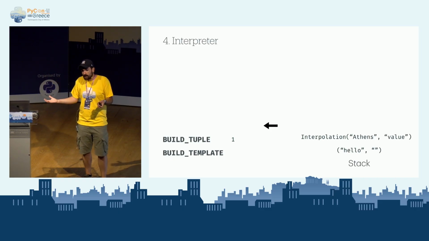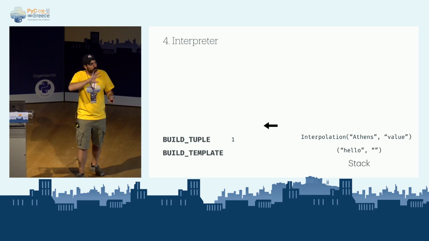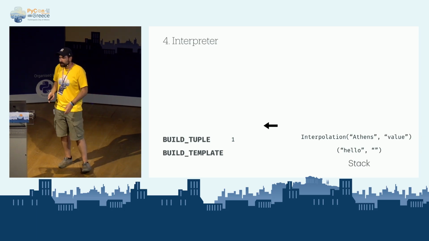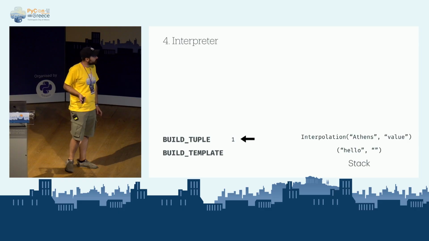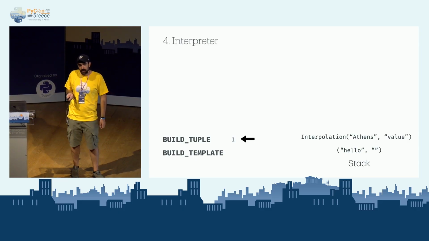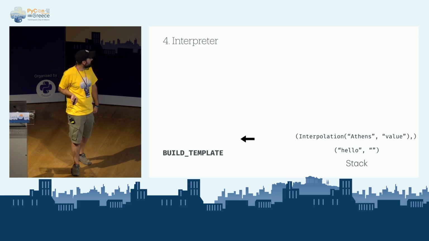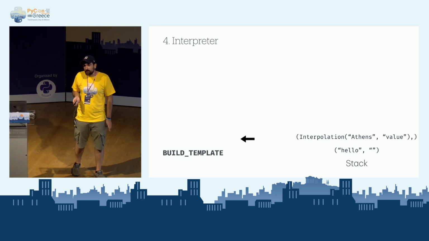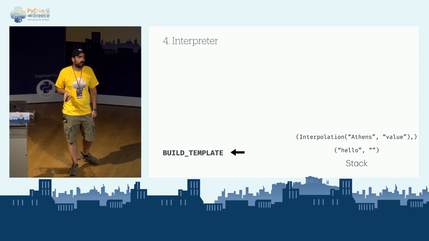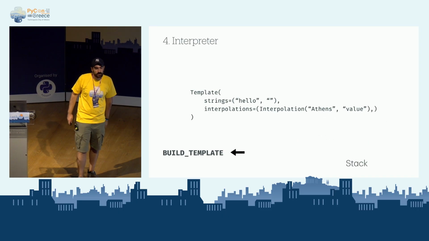What it does is get things from the stack, do some transformation, build something, and then push it back onto the stack. And then we have a build tuple. Build tuple 1 means get that last thing from the stack, build a tuple around it, and push it again onto the stack. And then build template is what actually takes both of those things and produces the final template type.